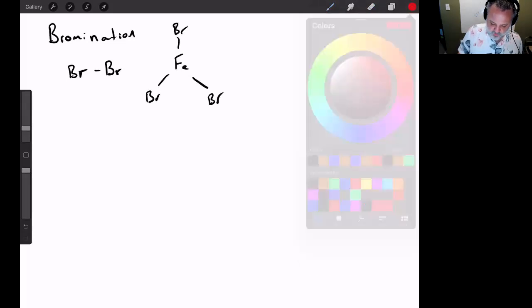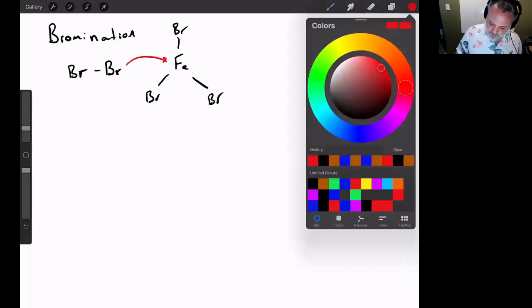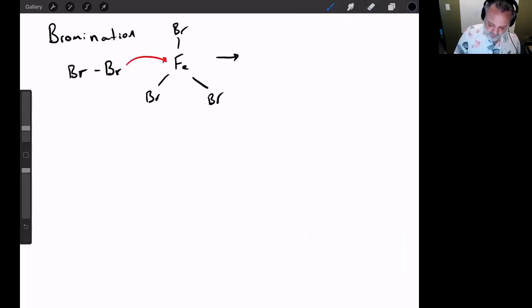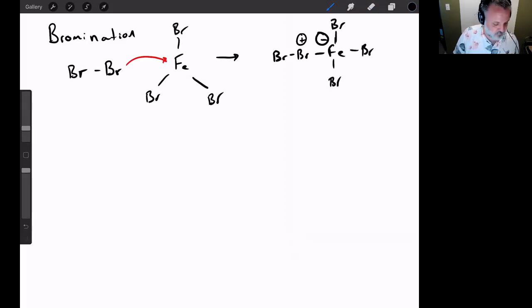We showed how these form the species that ultimately acts as the electrophile for the electrophilic aromatic substitution reaction. This is negative and this is positive. So this was the electrophile.